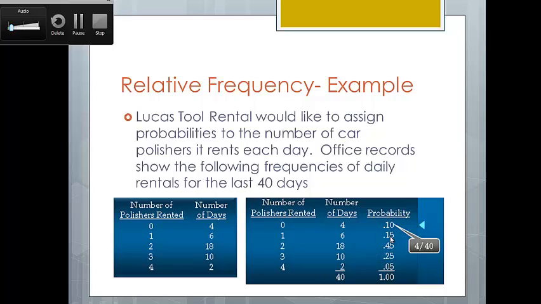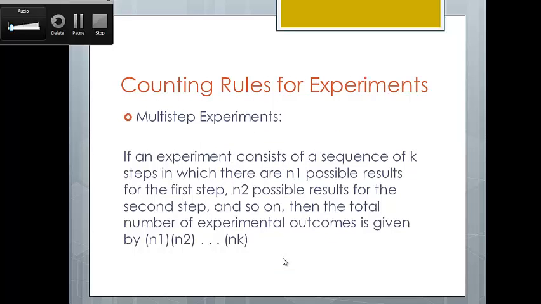As we can see, the probabilities have to add up to 100%. So the sample space is from 0 to 4, and all the probabilities within that sample space must add up to 100%. There's a 10% chance of renting 0 polishers, a 25% chance of renting 3 polishers, and so on and so forth.